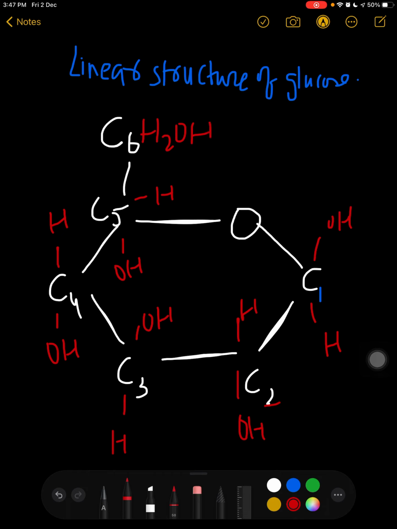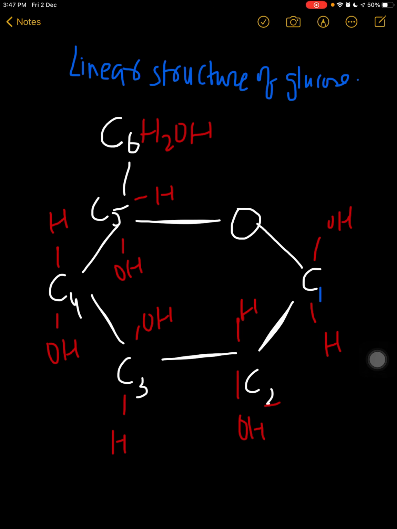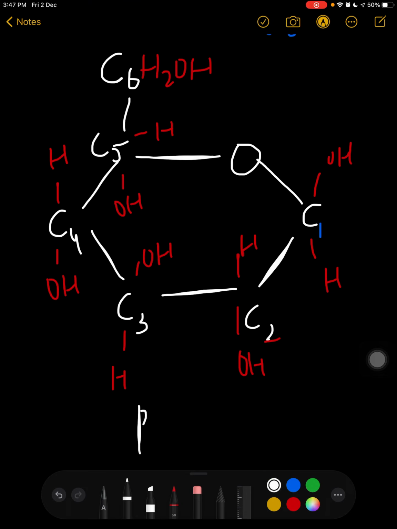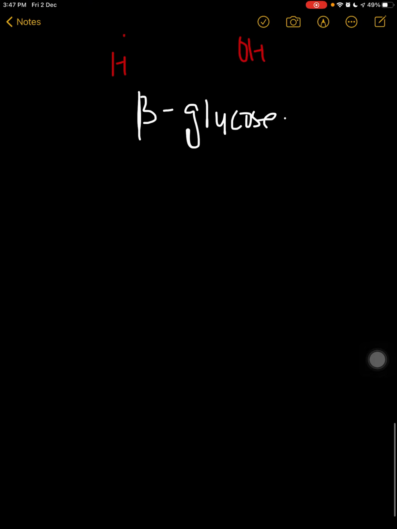So this is basically the ring structure of glucose. This is known as beta glucose, right? Now let's make the structure of lactose.